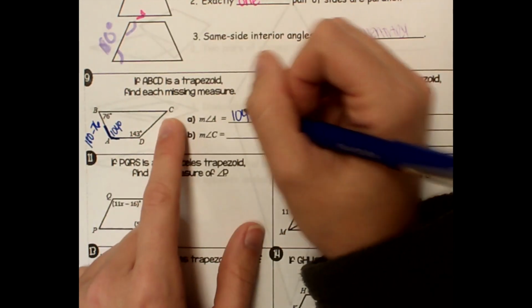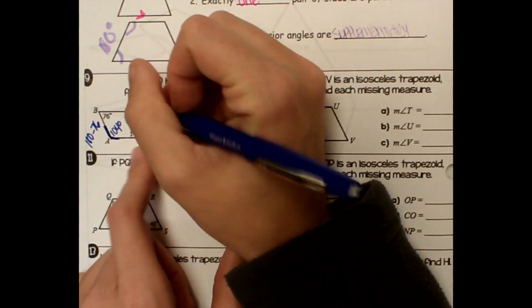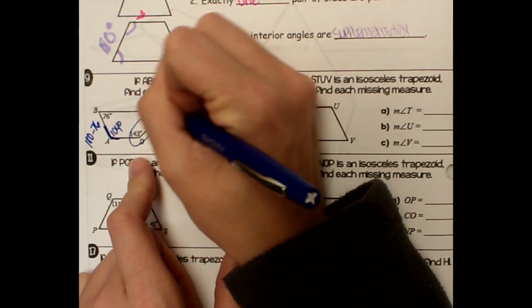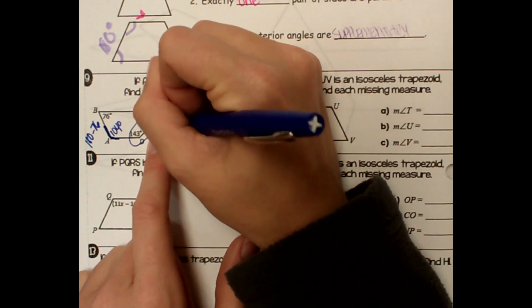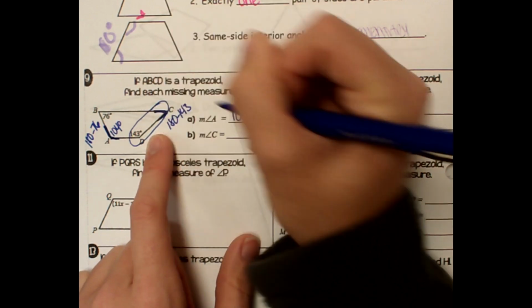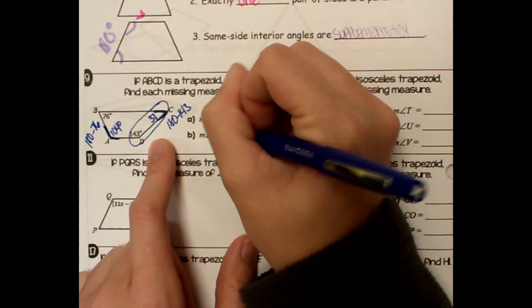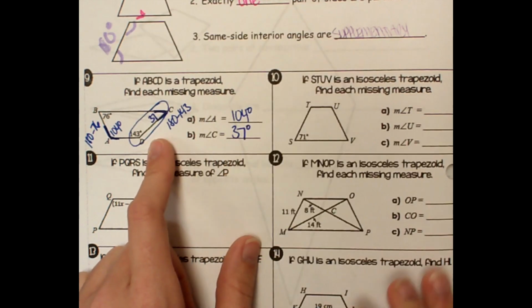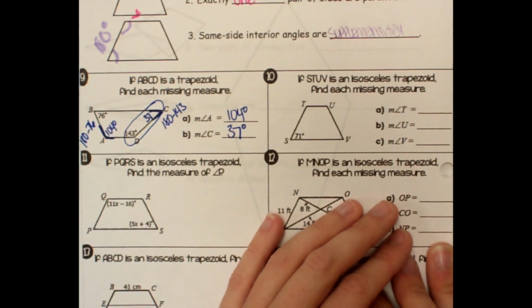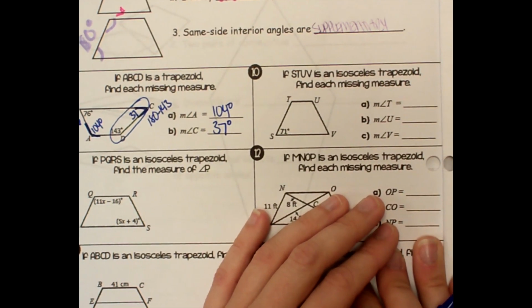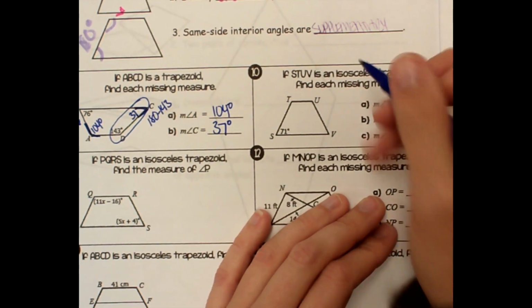Then it wants the measure of angle C. In this case, its same side interior angle is D, so you would do 180 minus 143. That gives you that the interior angle there is 37 degrees. Number 10, if STUV is an isosceles trapezoid, that's important.